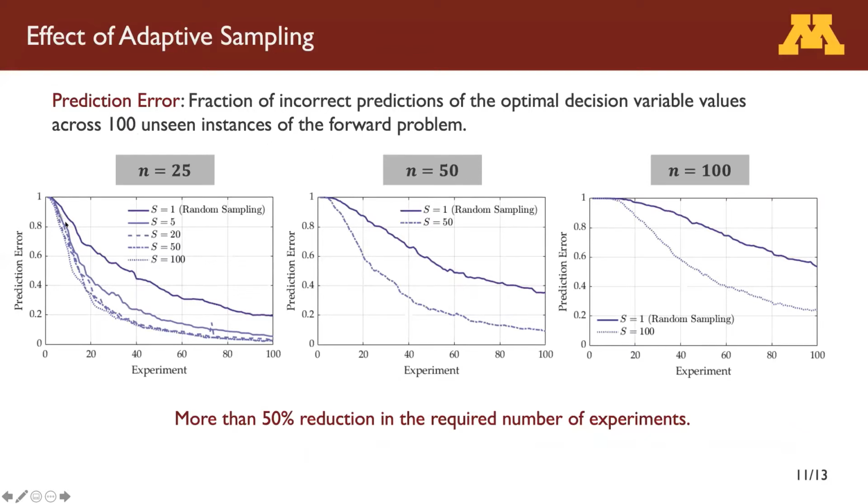Here, solid lines show the result for random sampling and the others are for adaptive sampling. As one can see, adaptive sampling across the board provides more than 50% reduction in the sampling requirement to provide the same prediction accuracy as random sampling after 100 experiments.